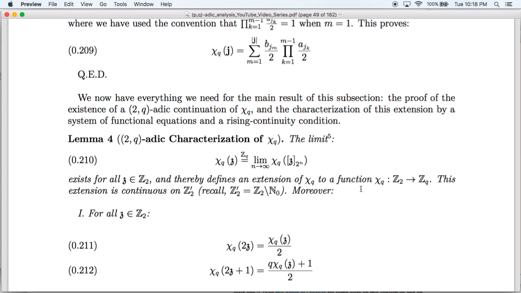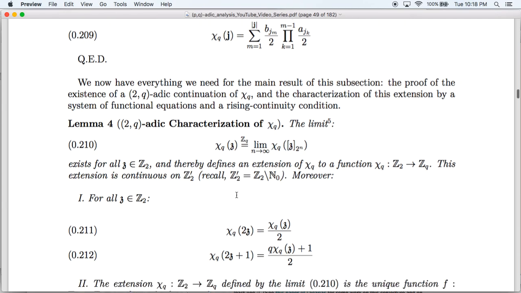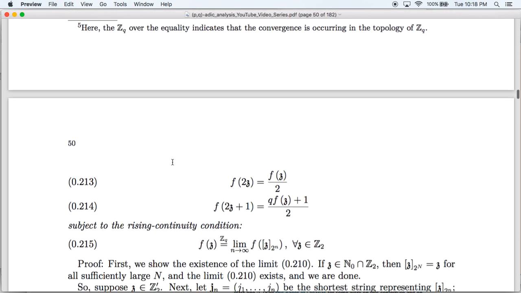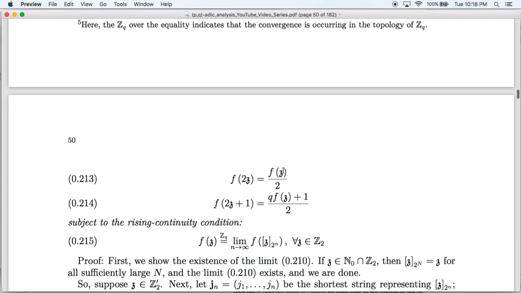Moreover, this extension is continuous on Z2 prime, which is the set of all 2-adic integers with infinitely many digits. Moreover, for all z in Z2, the functional equations hold, and the extension chi-q defined by this limit is the unique 2-adic to q-adic function satisfying this system of functional equations subject to this rising continuity condition.